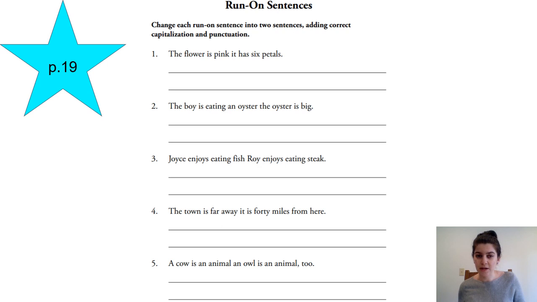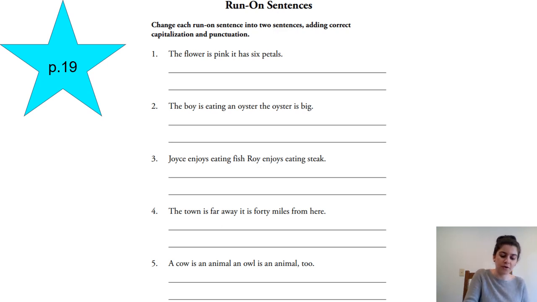Let's try this first one together. Number 1 says, the flower is pink. It has six petals. Let's turn this into two sentences. So first we want to find the first idea, the first thing the sentence is telling us. What is the first thing this sentence is trying to tell us? Good, it's telling us that the flower is pink.